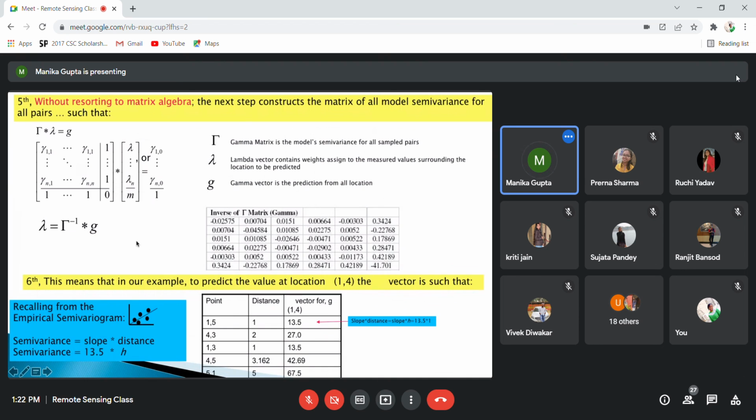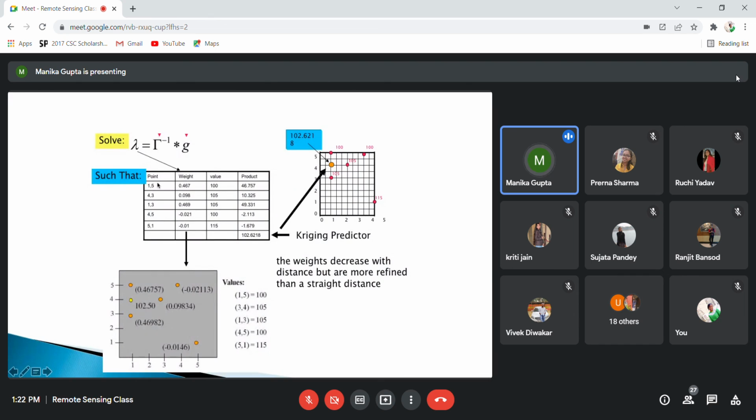Okay, so we had got this G value, we had got this inverse value. For all the required points, that is we have the 5 points, we'll have this inverse value into G, we'll get the required weight, and we have the value, we multiply this and we add this, so we get this value which is 102.62.